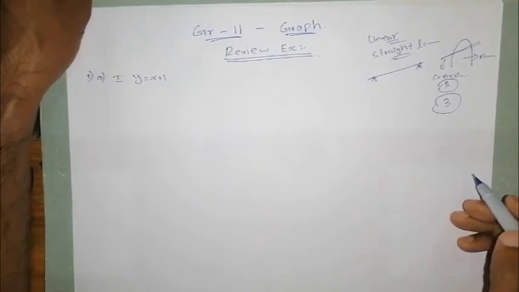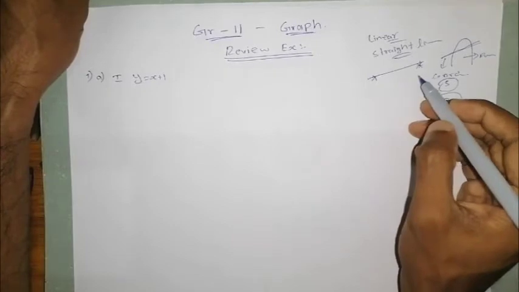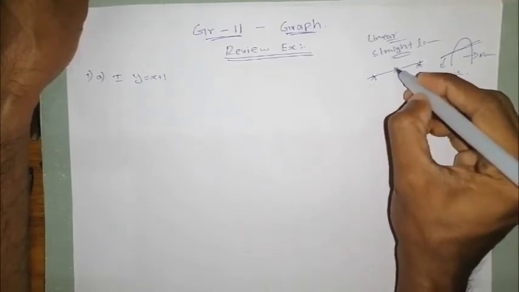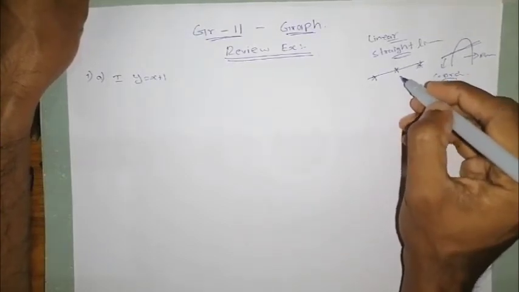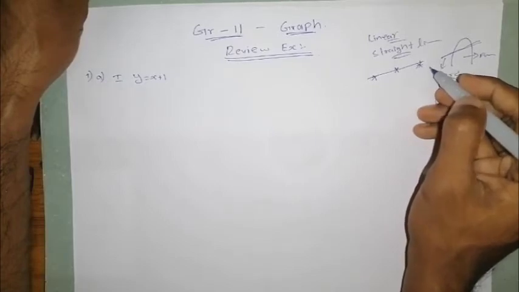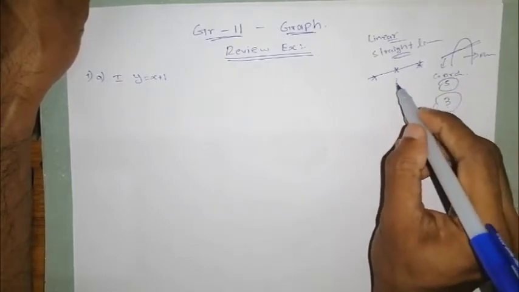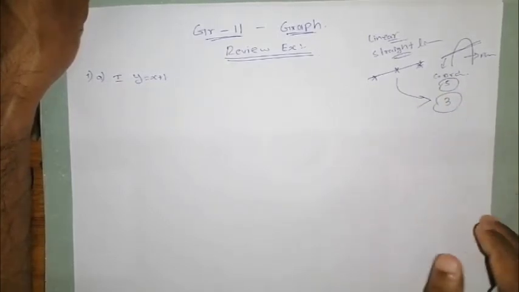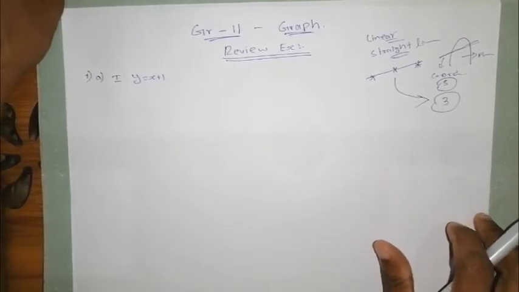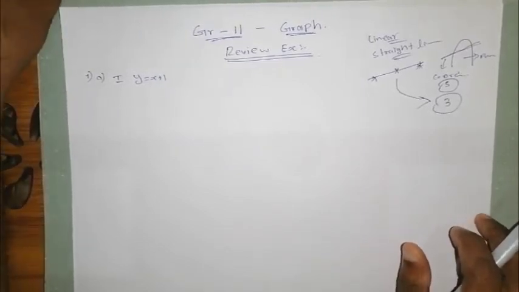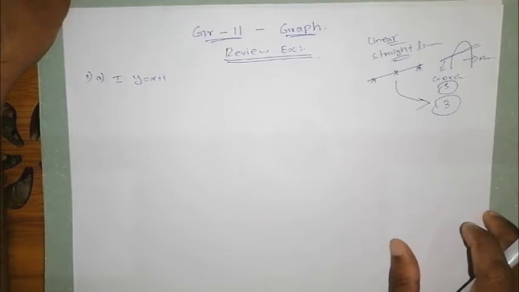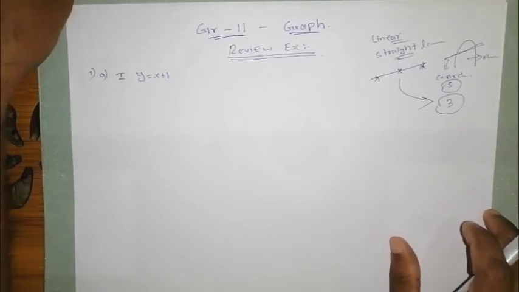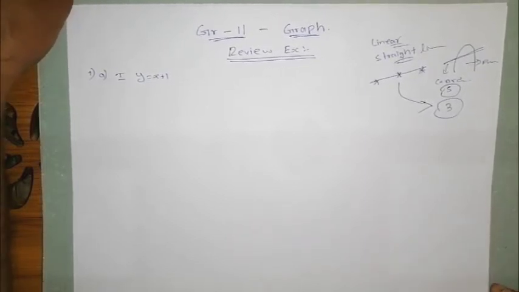The minimum we need is 2 points to draw a straight line. If we add another point, a third point, it will be accurate. So that's why we take 3 points to draw a straight line graph. Minimum we need 3 points, and that will give an accurate and correct graph.